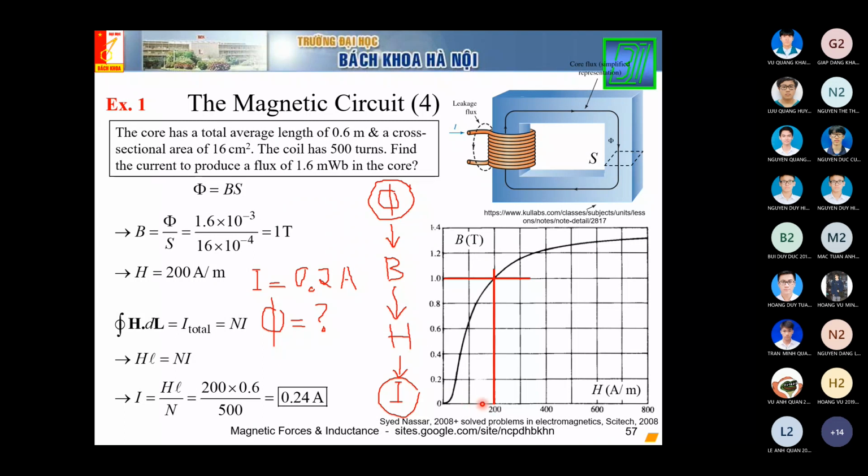This one is 175. So 160, you get back a little to the left. This is 160 approximately, and then you go up. You come to this cross section, and then you go to the left. Then B will be 0.8. Is that okay? Yes.